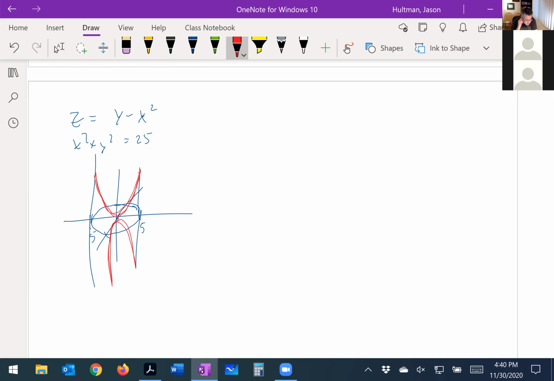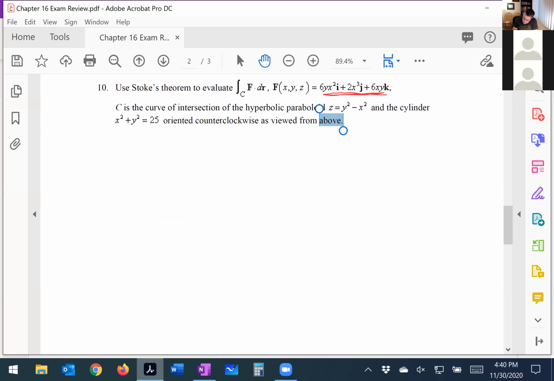And we want to know, what are our boundaries here? The curve is the intersection of the hyperbolic paraboloid and the cylinder. So we're going to use Stokes's theorem on this one.